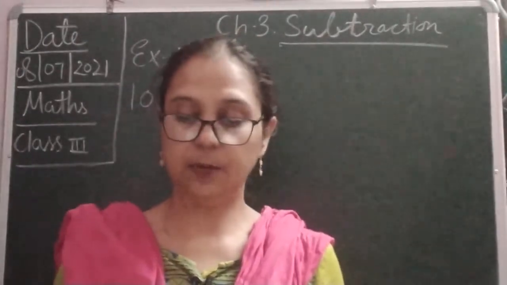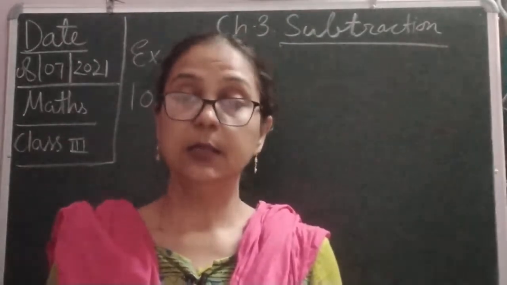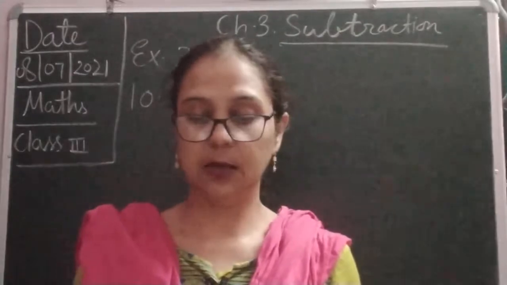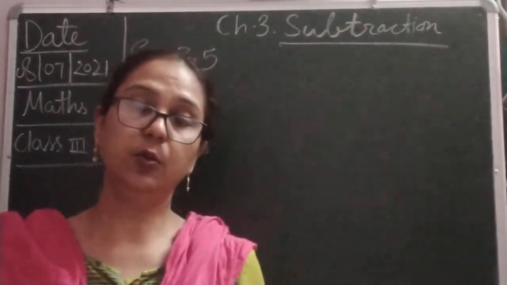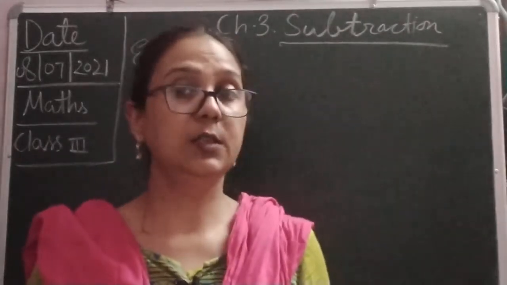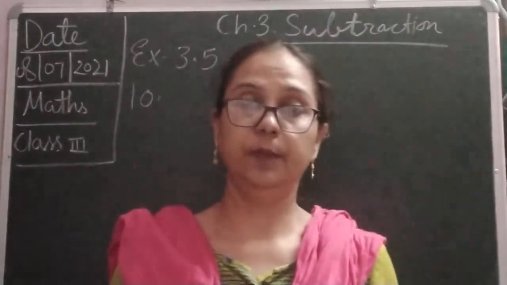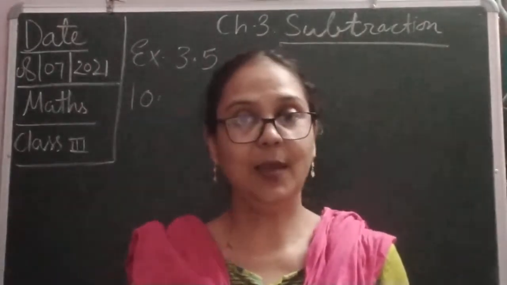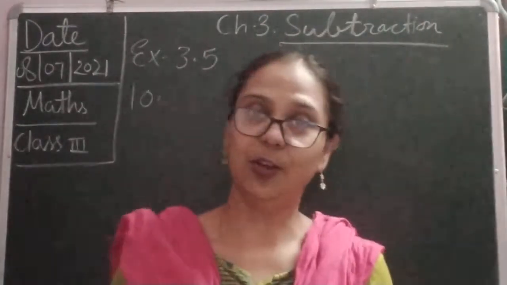An Australian team scored 146 runs less than our team. So how many runs did the Australian team score? Let's write this question in your copy, then we will start the solution.